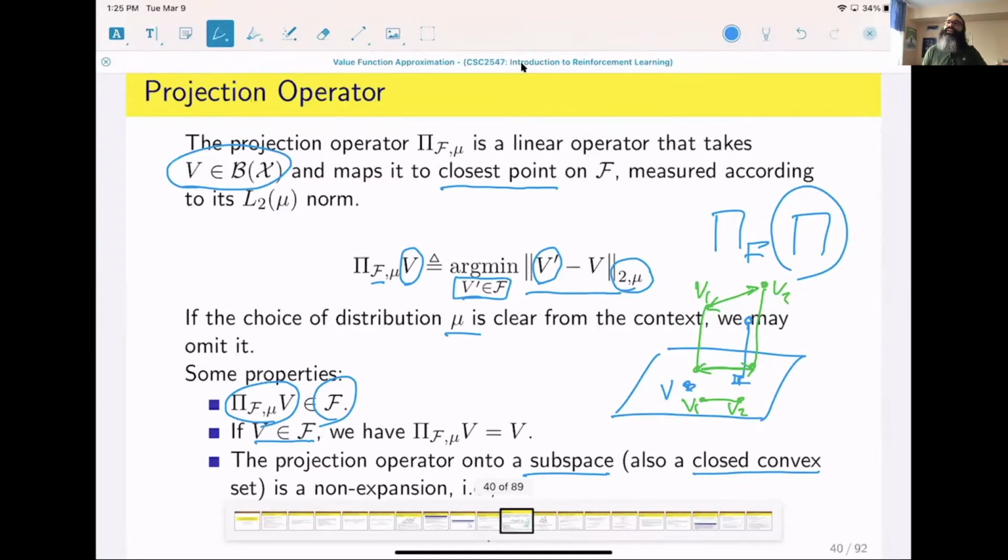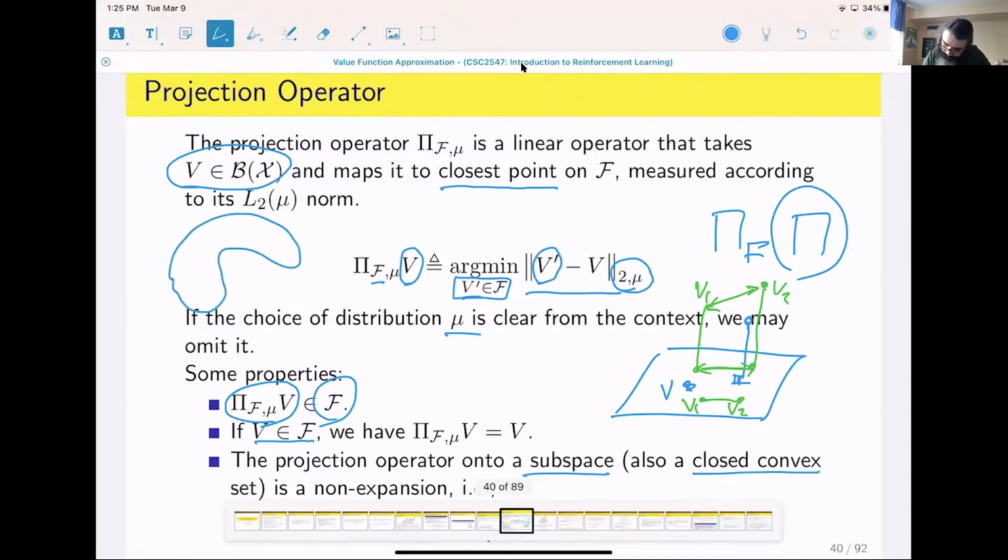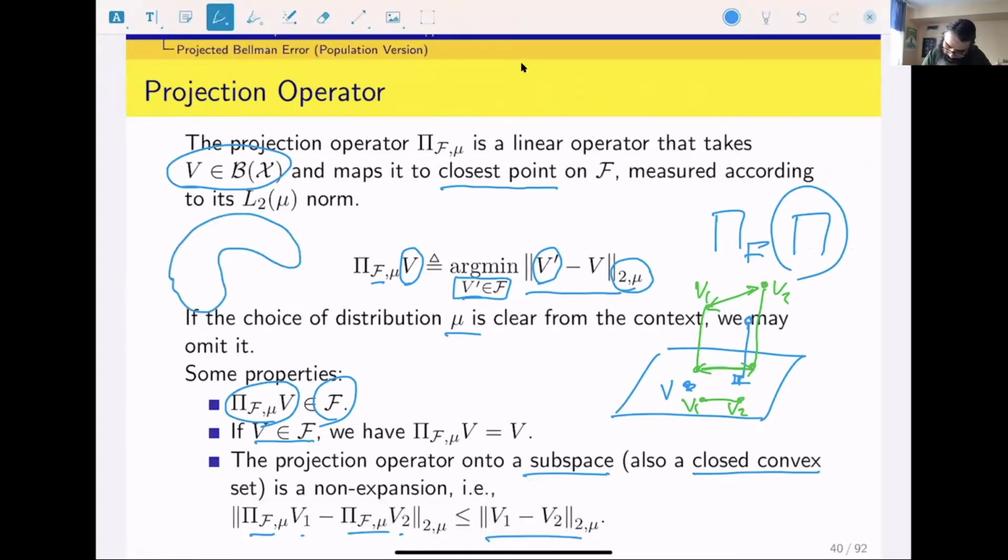So what would be an example of it geometrically? Maybe the function space looks like this, and I have functions v1 and v2, and this is function space f. You see, it's not a convex shape. The closest point projection is here.